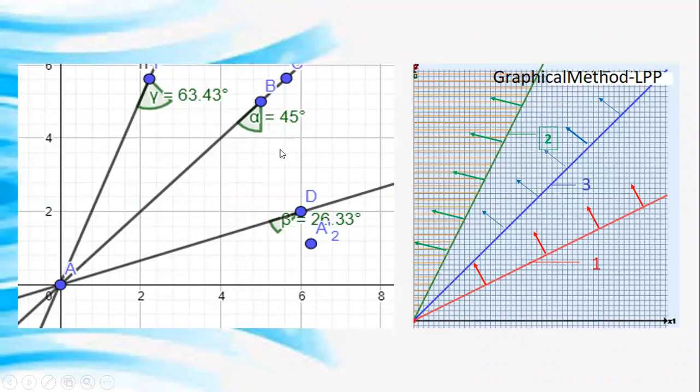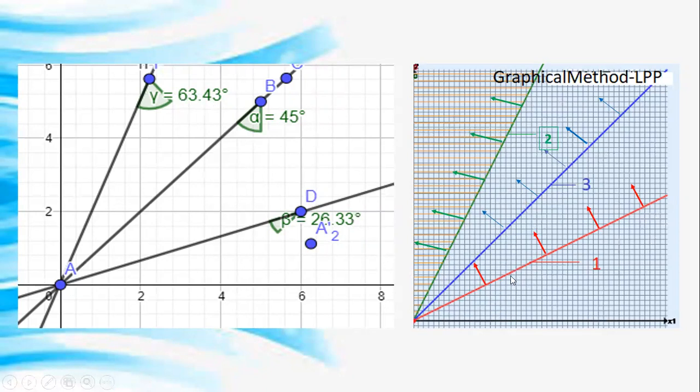For the second, draw an inclination line of 63.43 from the origin and extend it. Third is 45 degrees, so draw an inclination line of 45 degrees. So we get three straight lines passing through the origin.